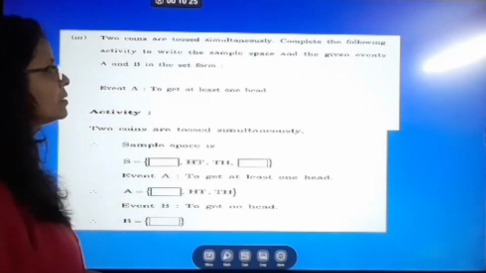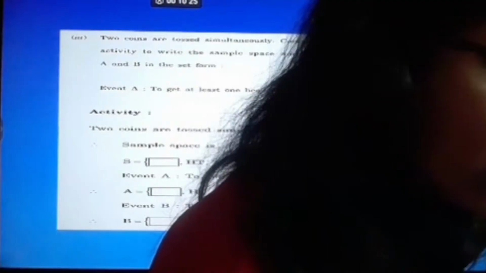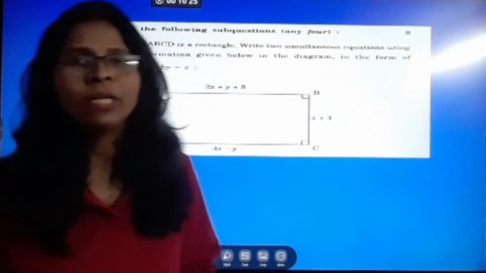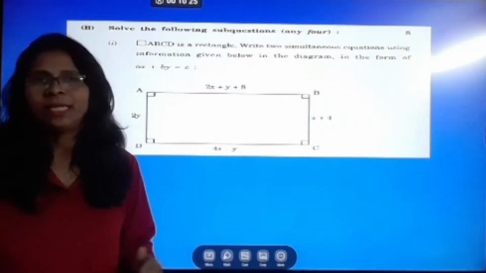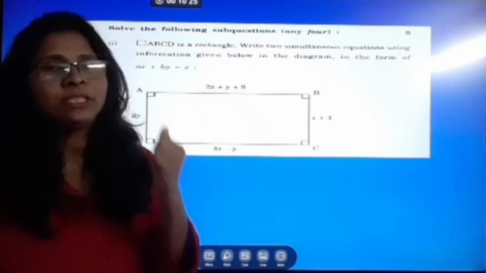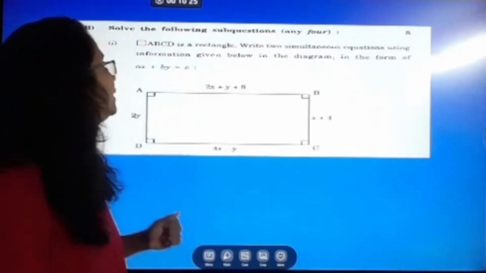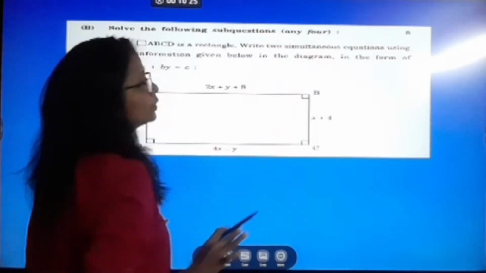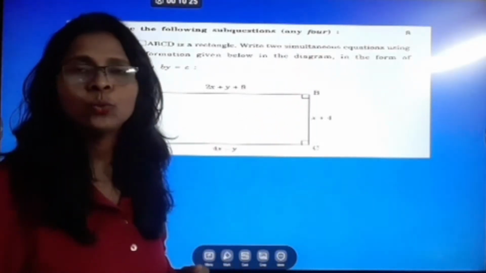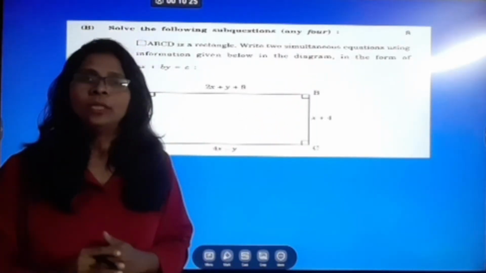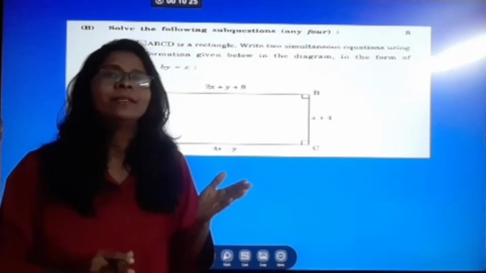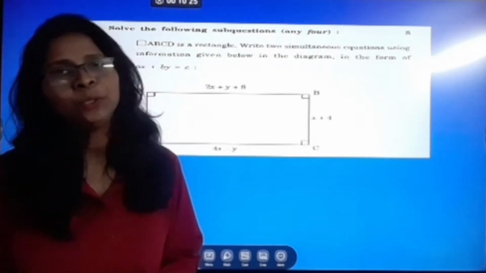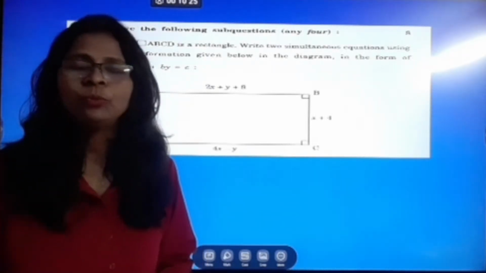Then here students, the next one, I think we completed the question 2A. Okay, now the sub question B, that is solve the following sub questions, any four. Any four, that means students, we know that each question has 2 marks.